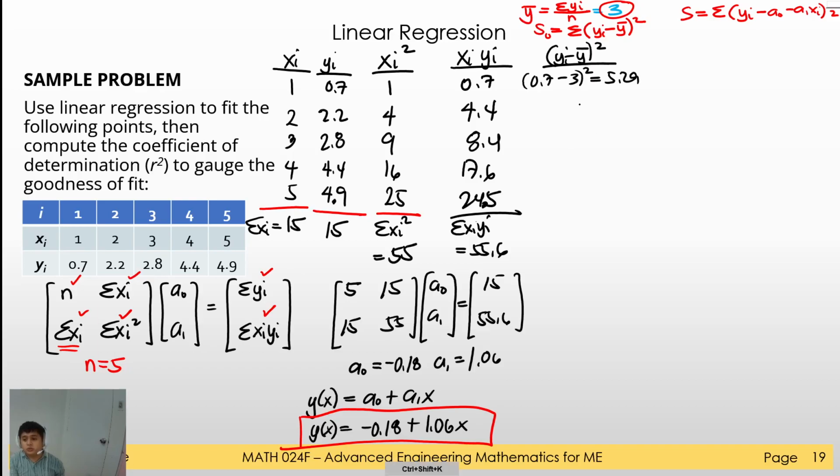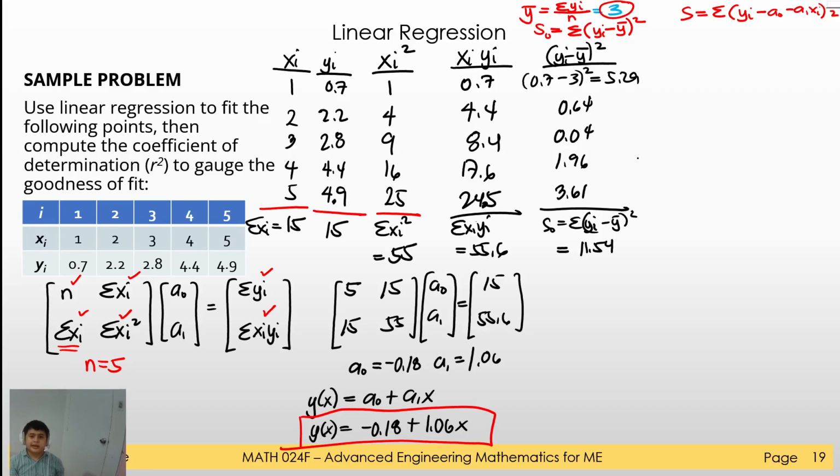And then continue: 0.64, 0.04, 1.96, and then 3.61. So the total, S sub o, which is the summation of yi minus y bar squared, is equal to 11.54.